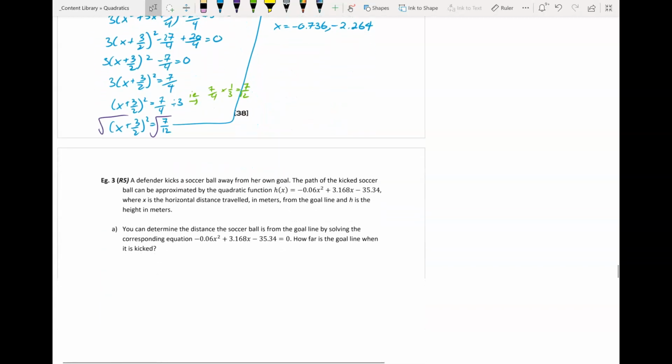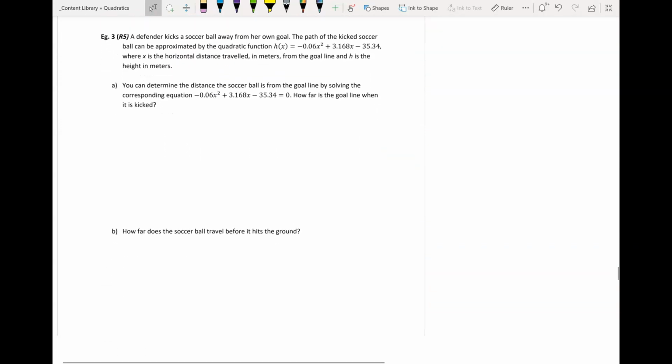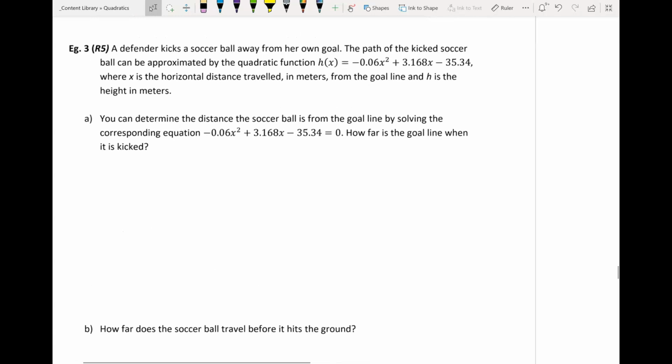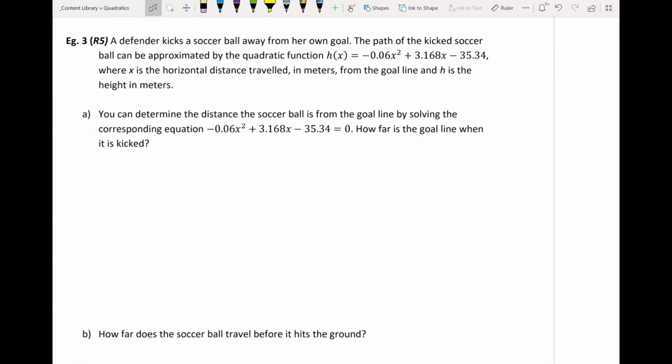There's one more example I'd like to go through with you, and it's another word problem. So we have a defender that kicks a soccer ball away from her own goal. The path of the kicked soccer ball can be approximated by our quadratic function given to us, where h is the height in meters, and x is the horizontal distance traveled in meters.